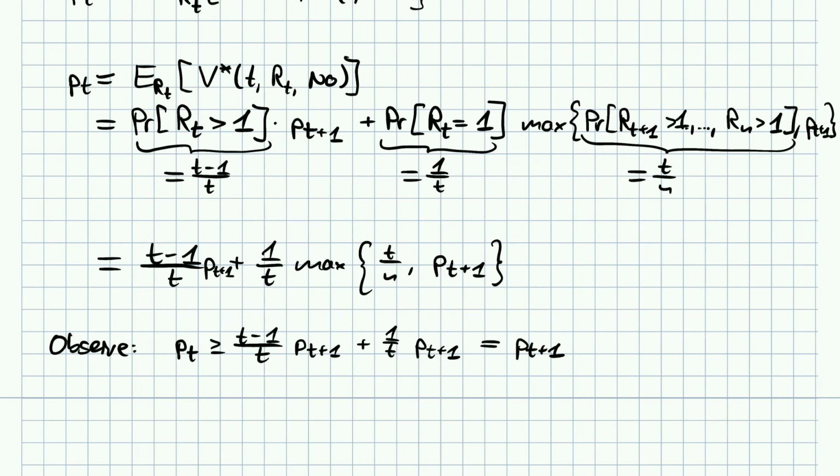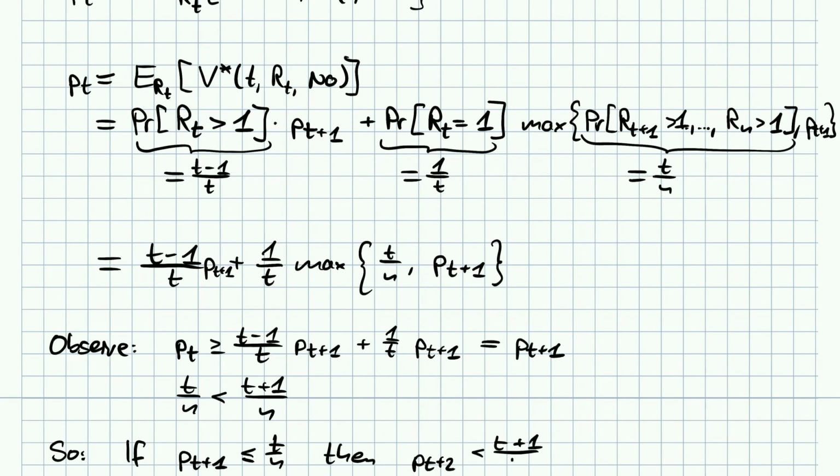And at the same time, what we also see is that t over n is smaller than (t plus 1) over n. And what does this mean? This means that if P_{t+1} is less than t over n, then P_{t+2} will definitely also be less than (t plus 1) over n.